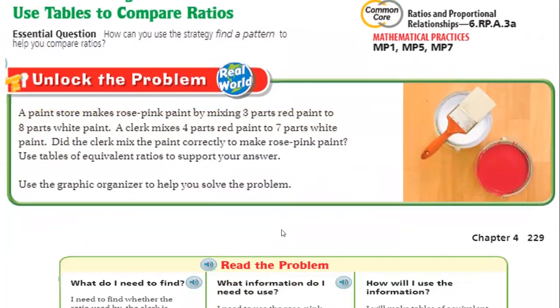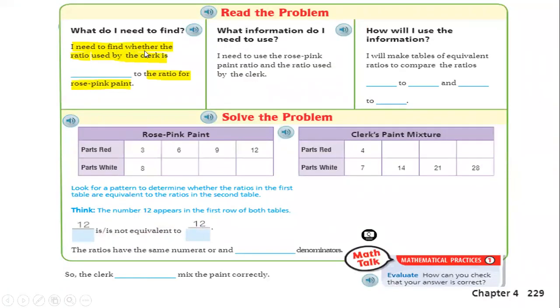Are they equal? So here I need to find whether the ratio used by the clerk is what? Not equal. Yeah, you said not equal, but in my answer it is equal to the ratio for rose pink paint. What information do I need to use?